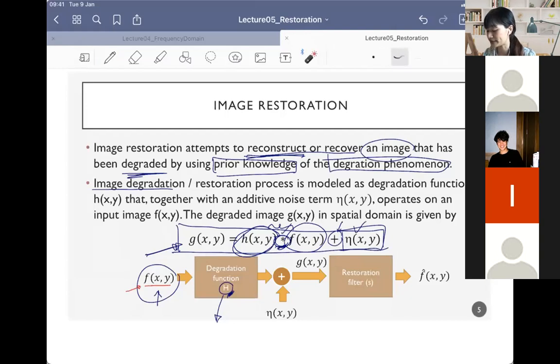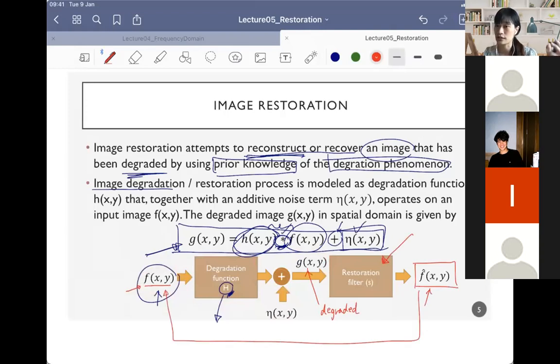So this is how I explain the process. First you have a very clear original image. The image is degraded by the function h, and then noise is added, still in the spatial domain, and you get the degraded image g(x,y). When you pass it through the restoration process, hopefully you will get an image that is similar to the original image.